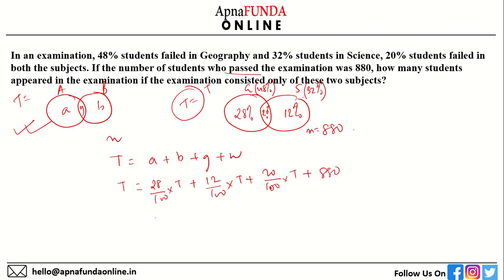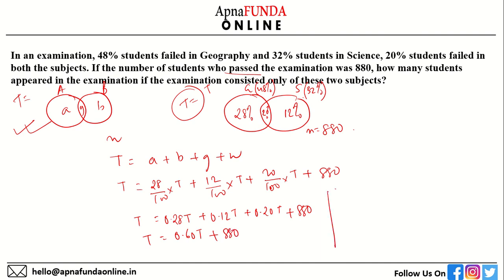Correct. Let's simplify this. Let's do it in decimals. This is 0.28T plus 0.12T plus 0.20T plus 880. Now let's add all of this. 40, 60. This will become T is equal to 0.60T plus 880.